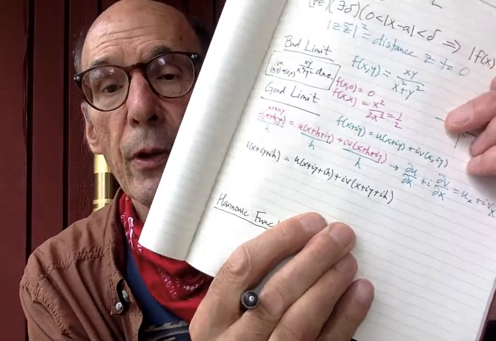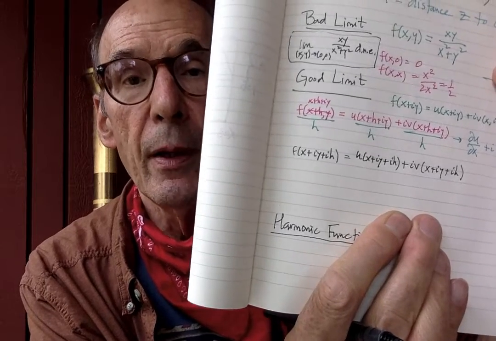So this is what would go into your derivative calculation. But the thing is you've modified the input by ih, so you have to divide by ih.